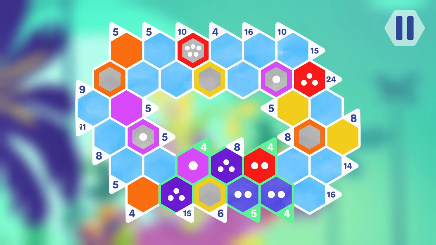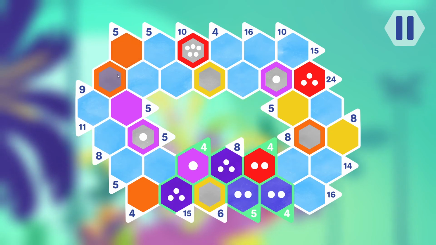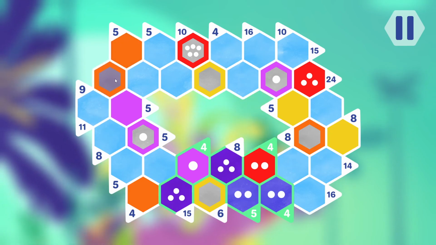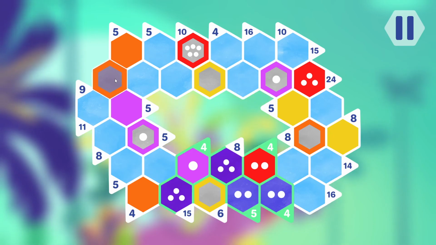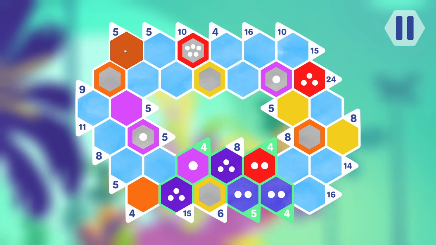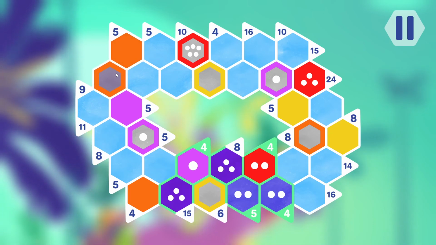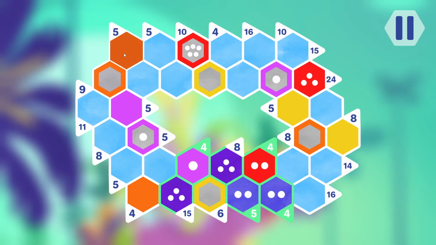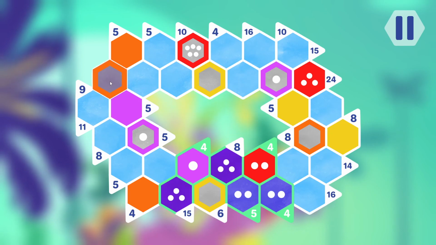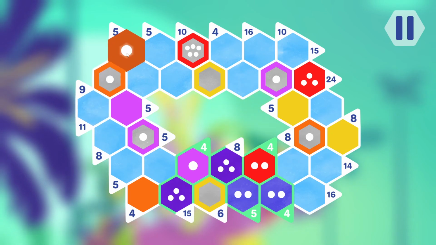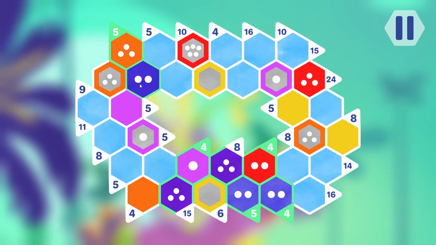So combined orange is at least 5, because it can be 6 over here, and so it needs to be at least 5, which means that if this is 2, yeah, this still can be 5, and it will be 2 plus 5. Oh, if this is 2, then it will be maximum of 5, it will be 7, so it can't be 2, so this is 3. Good, so this is 2.